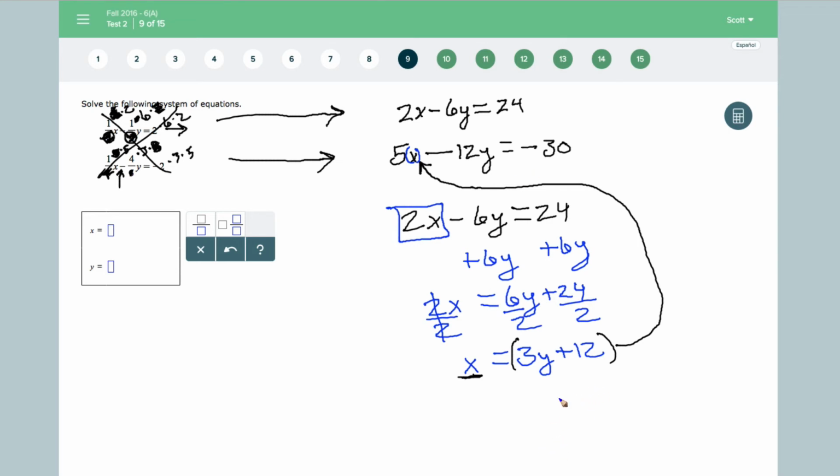When you get that answer, you plug that in right here for y. And that'll give you both your answers here.